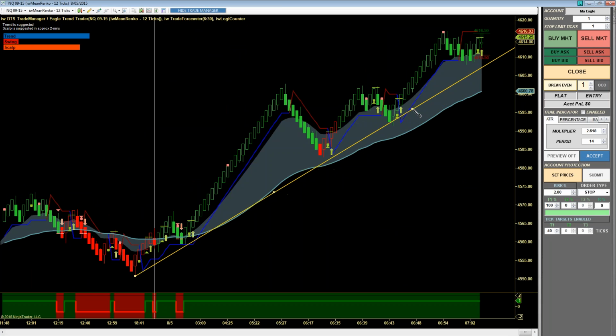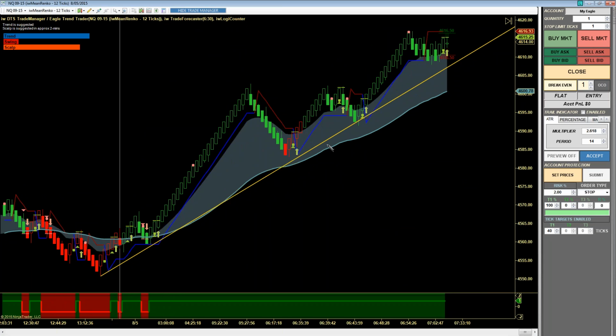All right, if I shoot a trend line, we're looking a little bit like that. I'm going to adjust the trend line ever so slightly. There we go. And you can see our trade forecaster is starting to waffle a little bit too.